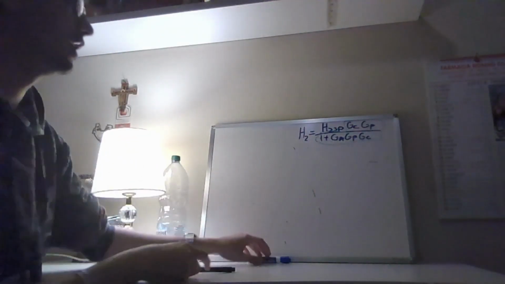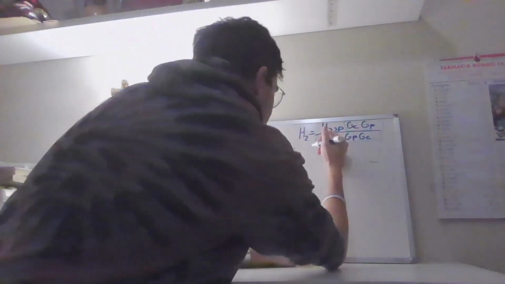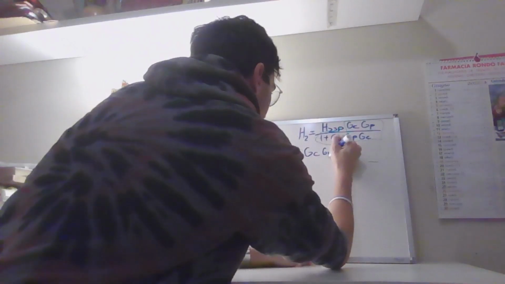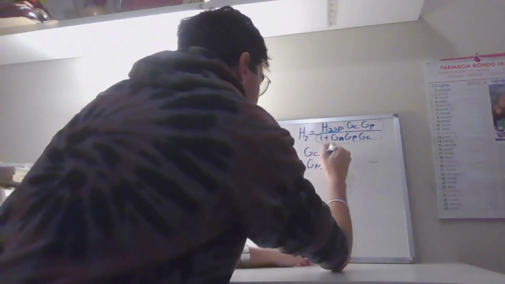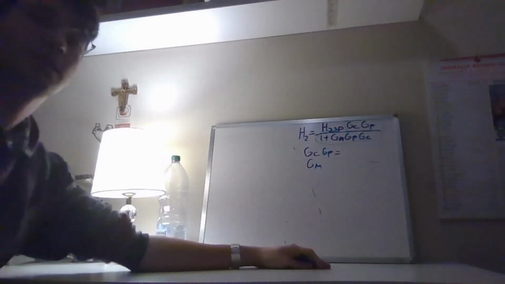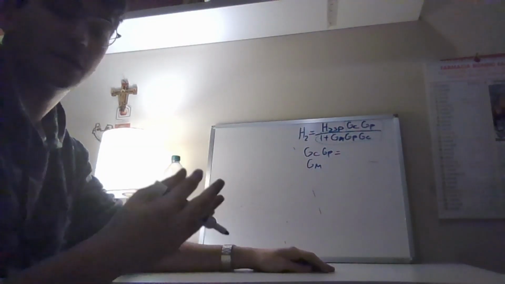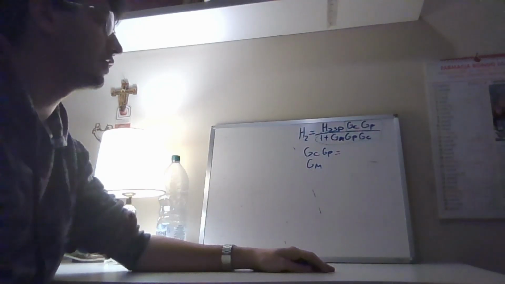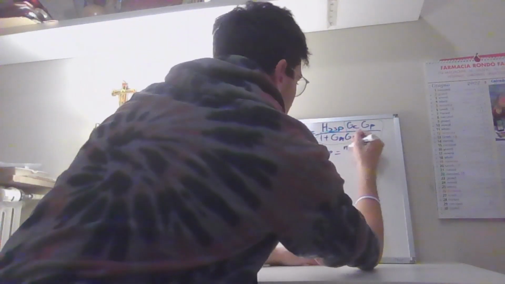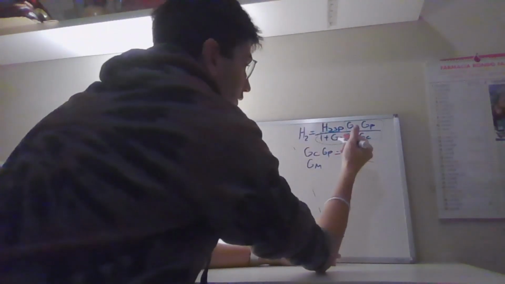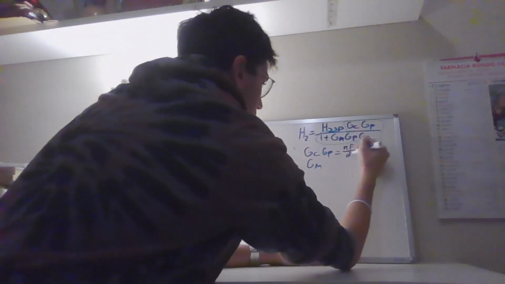We're going to try to find out what GC, GP is and what GM is, right? And it's really simple. As we recall from our process, GC, GP is controlling the process itself, so it's the forward reaction. So it's going to be equal, in Laplace transform, to our forward numerator over our denominator for our forward reaction.